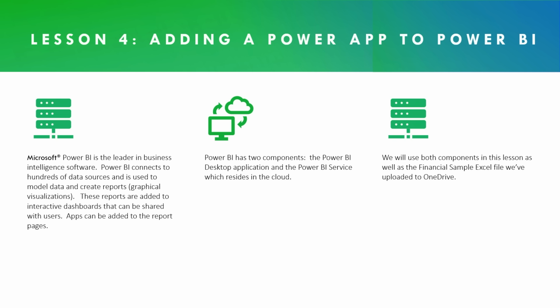We will be using both components in this lesson, as well as the financial sample Excel file we've uploaded to OneDrive. So if you can go to your OneDrive folder where that financial sample file is, that's where we're going to be starting.